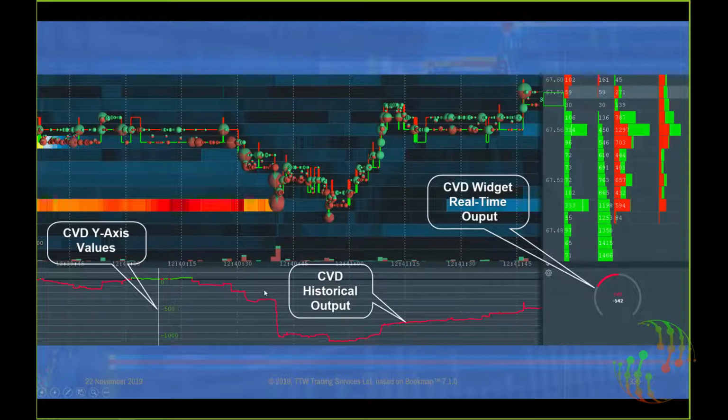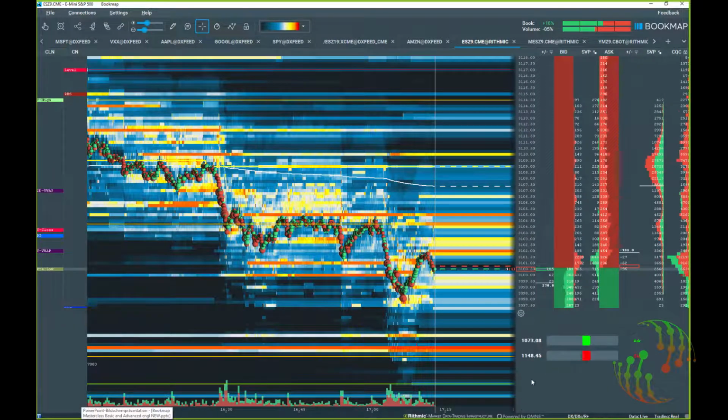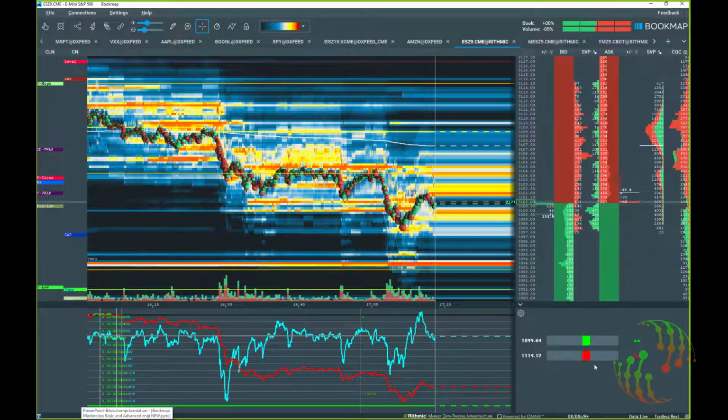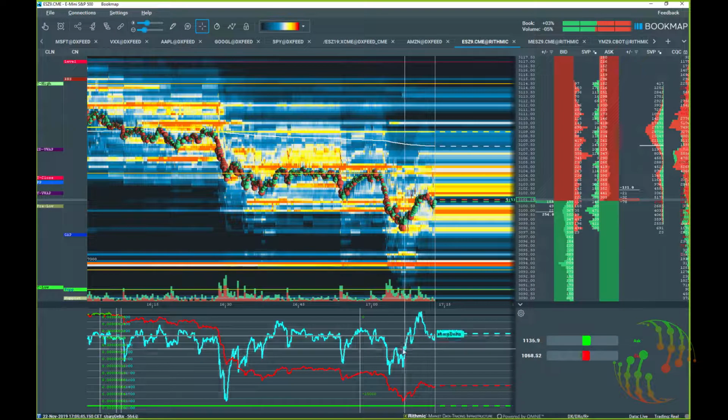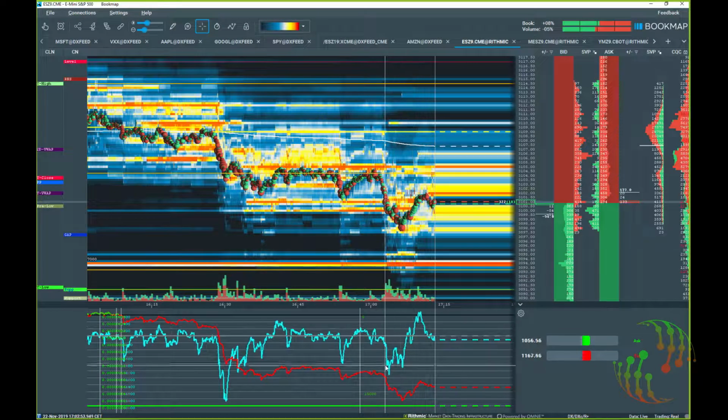That's very, very obvious. So in your Bookmap you have the y-axis values here displayed by the thin white line. You have the historical output here, and you have the CVD widget that's displayed here. So this is the widget area, and this is the y-axis, the numbers of the indicators based here in this area.